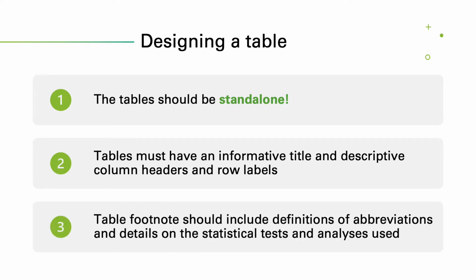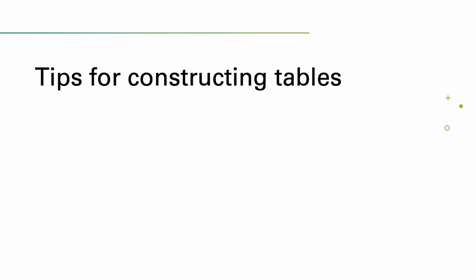Tables should also have a footnote which explains any abbreviations and details on the statistical tests and analyses used to obtain the results presented in the table. Most importantly, tables in a scientific article should be organized in a way that readers can easily and quickly digest the information presented. Here are some tips for formatting.